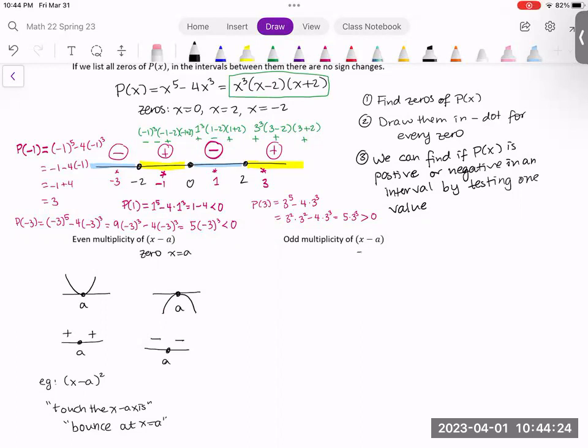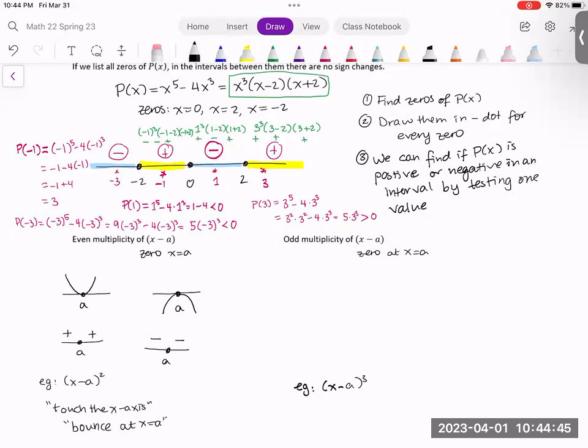If you have an odd multiplicity when there's a zero at x equals a, for example, if you have x minus a cubed, well, on one side it'll be positive because we're taking odd powers here.